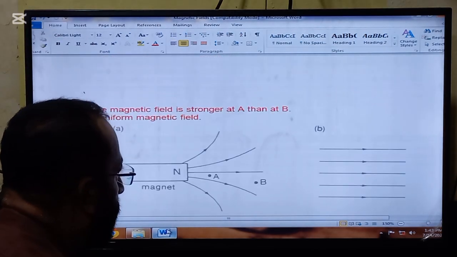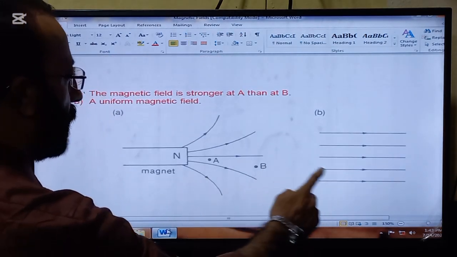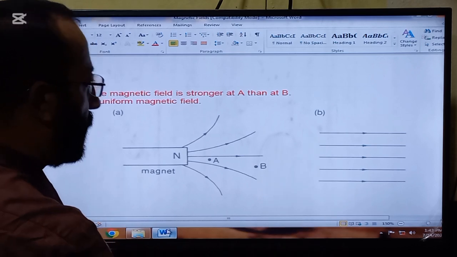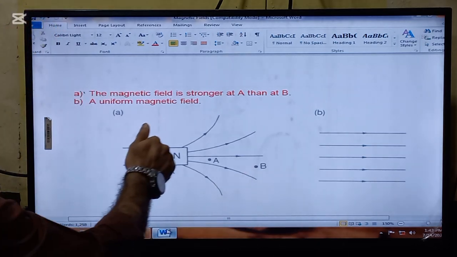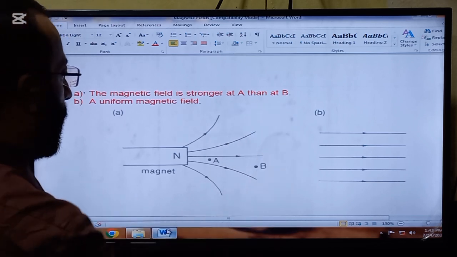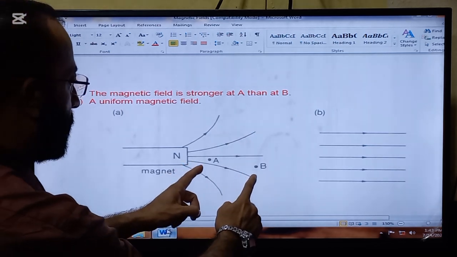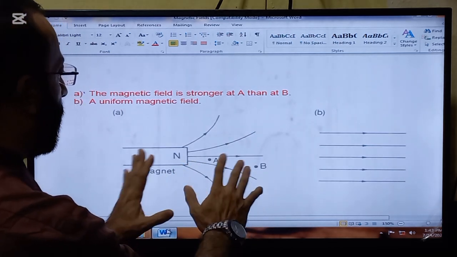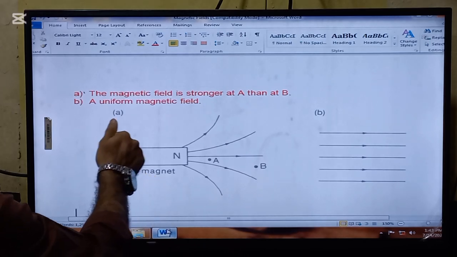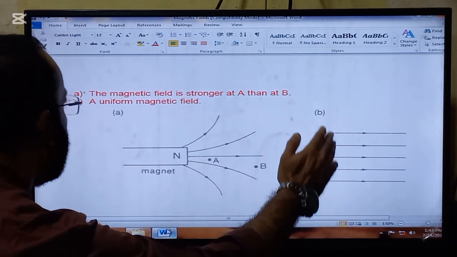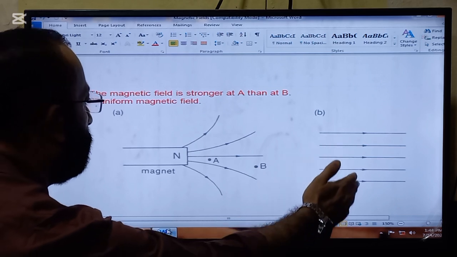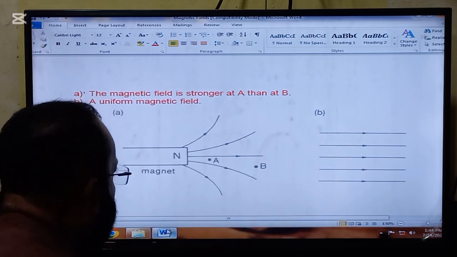So look now, here are these two types of magnetic field lines. The magnetic field is stronger at A and B. So these are the points at which the magnetic field is stronger. A uniform magnetic field. So in this a uniform magnetic field is there.